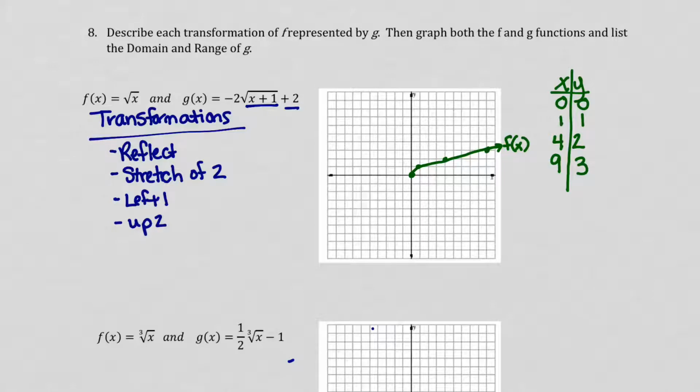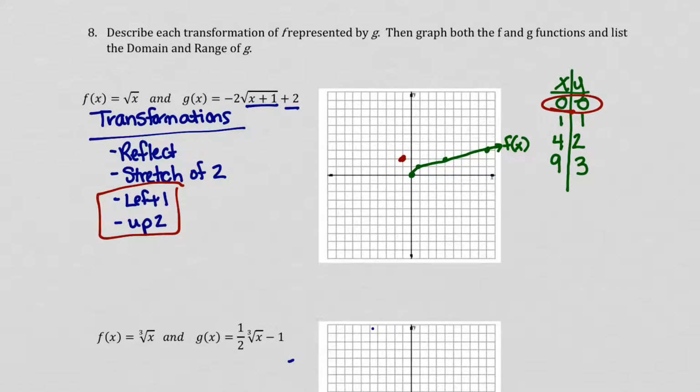So to graph g of x, instead of at 0, 0, I'm going to go left 1, up 2. Now you can just plot points into your equation and get a new table and plot them that way. But what I told my students to do was, for the parent function, we started at 0, 0. Well, this new point where I went left 1, up 2, that's going to become my 0, 0.